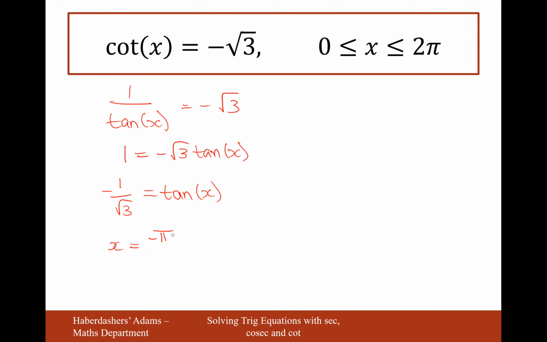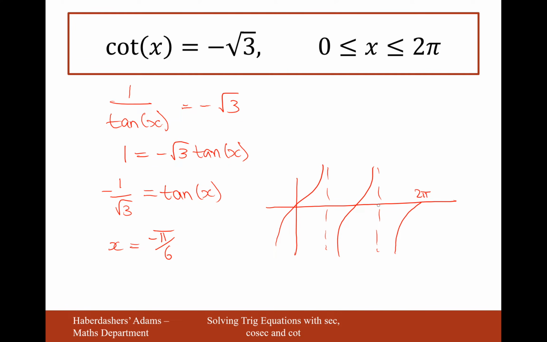This won't be a final answer because our answers are in between 0 to 2 pi. So let's draw out that tan graph, at least going up to 2 pi. 2 pi will be here, pi will be here, 0 will be here. What we've got so far is a benchmark of 1 over root 3. That will give us an answer of minus pi by 6.